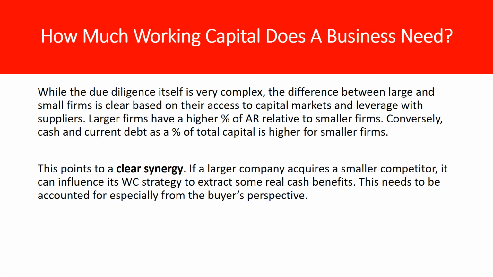Larger firms usually have smaller working capital balances, which is essentially the difference between current assets and current liabilities, because they have more control over when they receive their cash and when they pay out on their accounts payable, versus smaller firms which don't have that negotiation leverage with their suppliers, and therefore that cash cycle is less in control. So when you acquire a small business, you can impose your size to improve their working capital strategy and therefore realize that synergy.